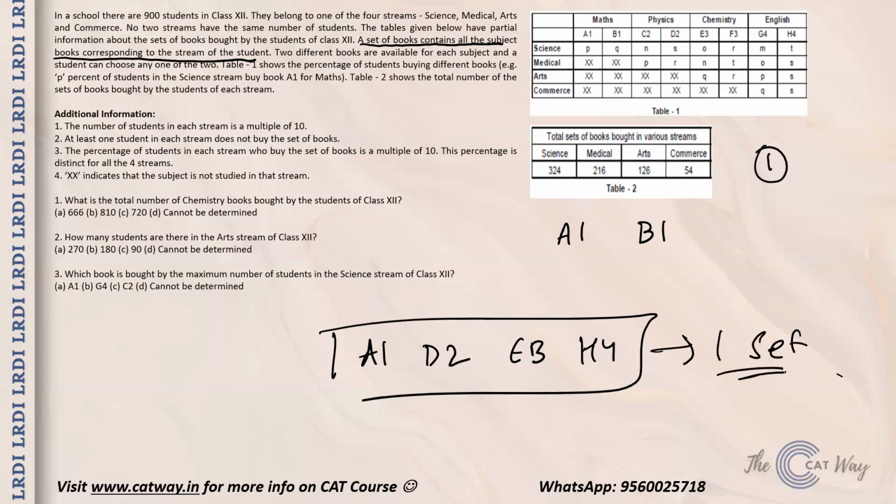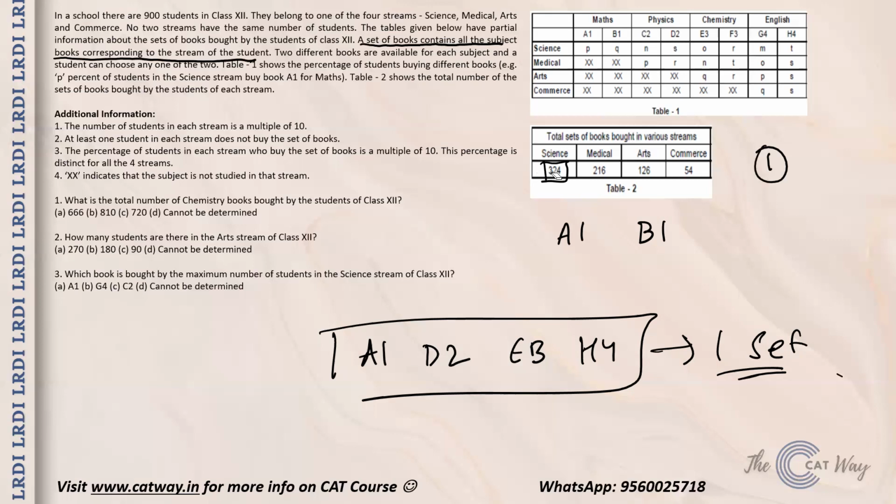So table number 2, which tells us the total number of sets that have been bought, basically tells us that these many students bought the books. And if one student goes to buy the books, he is going to buy the books of all four subjects. Out of the two different options for each subject, he is going to buy one book for each subject. By purchasing it for all four subjects, it will be one set.